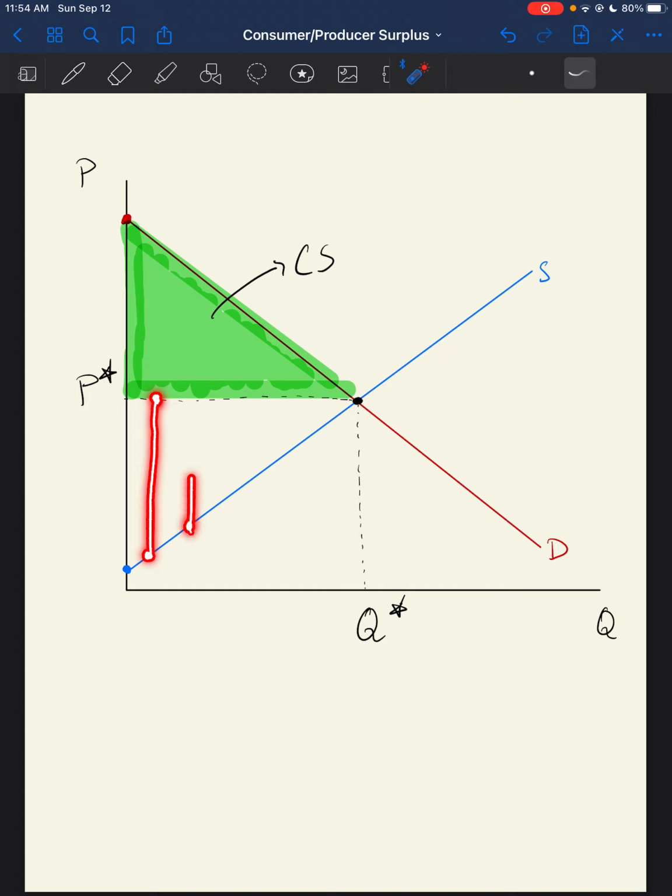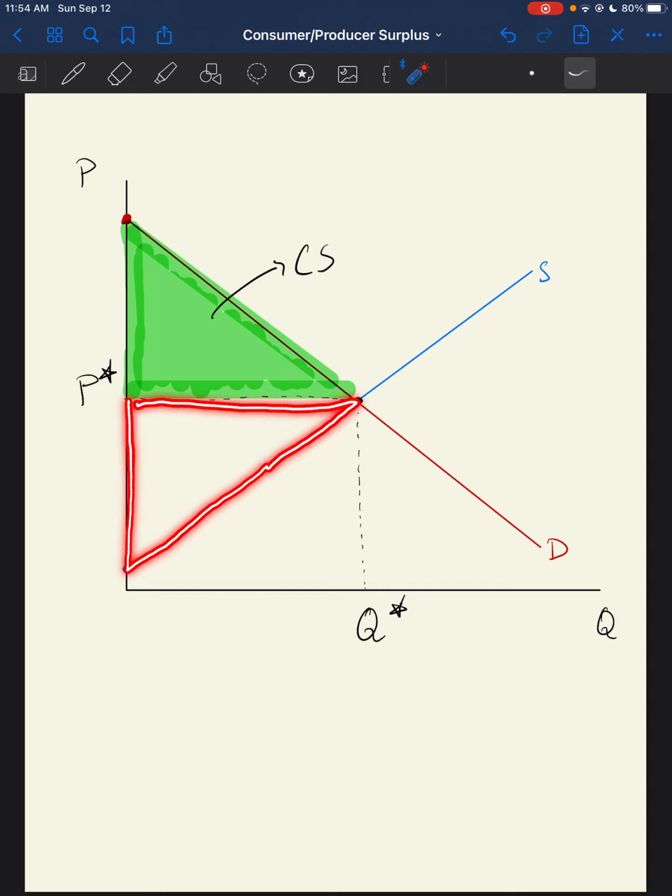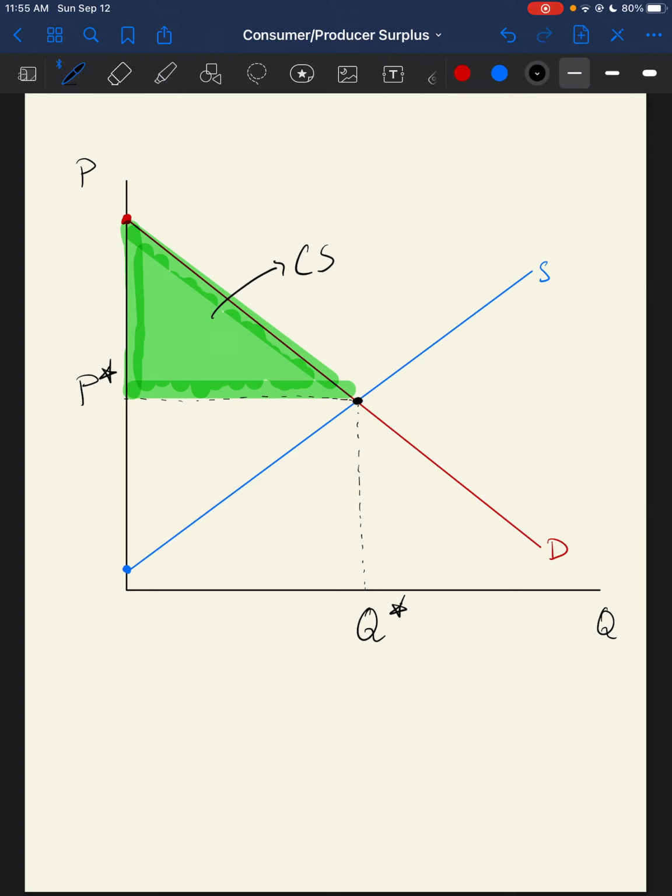Now, if we have an individual right here, the difference between that and our market equilibrium is going to be their producer surplus. And just like that, we keep getting all these different producer surpluses, and we just add them all up. That comes out to be the area of this triangle down here. So this triangle right here is going to be producer surplus.